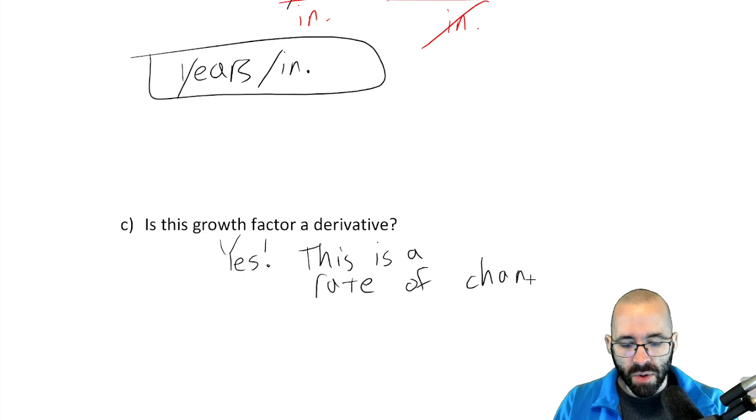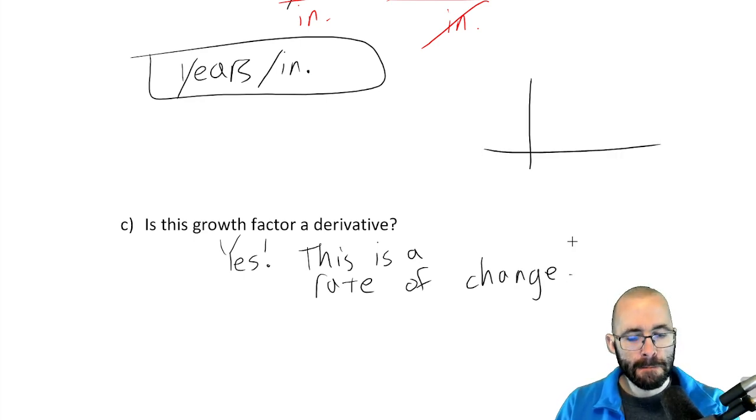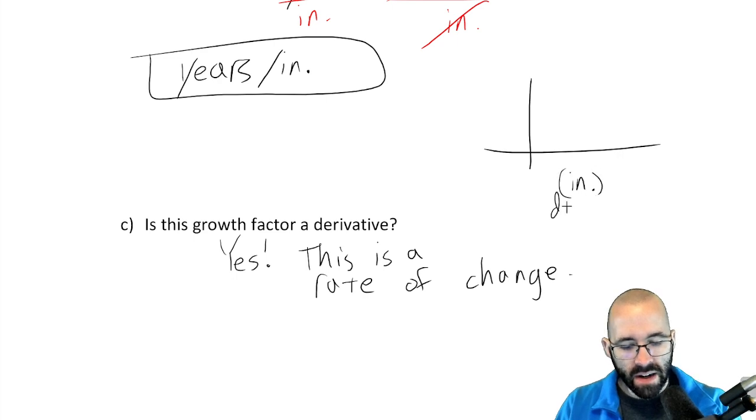You can see that it's a derivative a little bit more clearly if you look at what the graph would look like here. As we increase the diameter in inches, that's our input. Our output is the age in years.